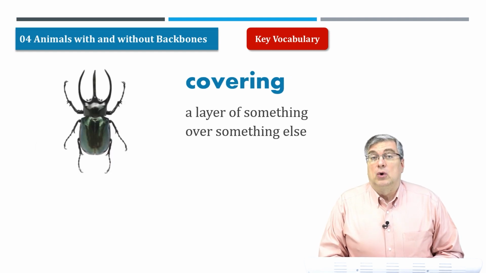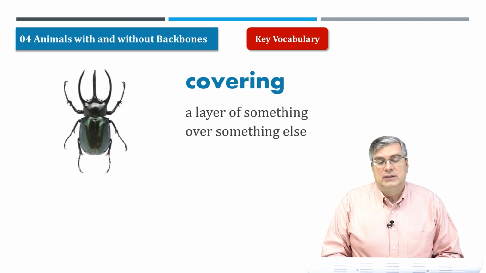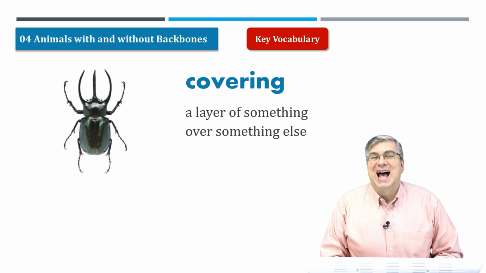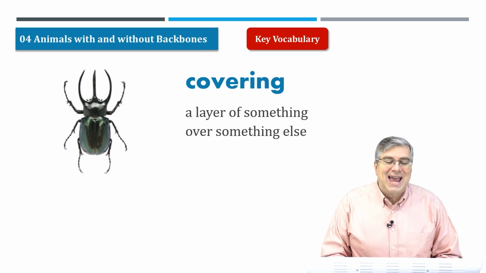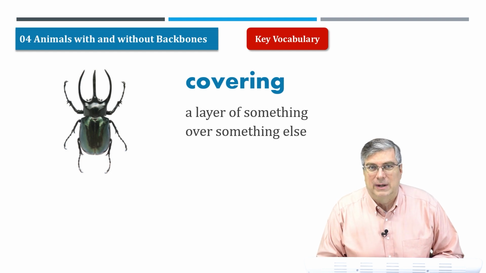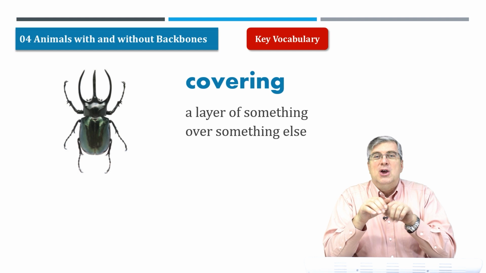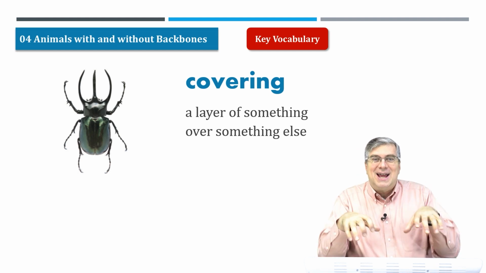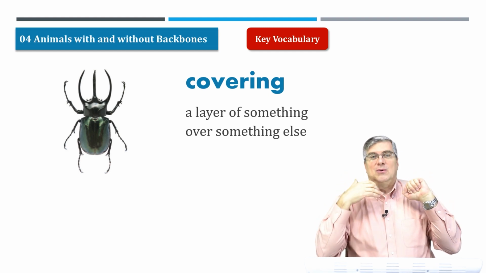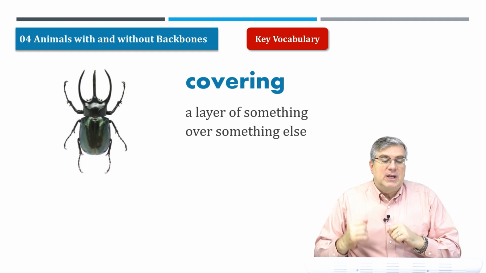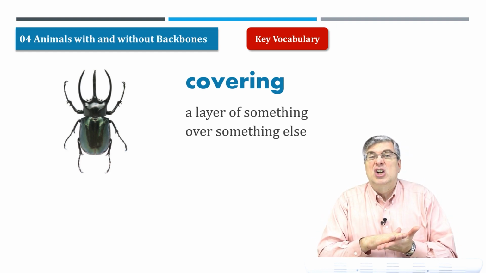Next, we have covering. Now, here's an animal, insect, that does not have a backbone. Instead, it has a covering. To cover means to put on top of something. When you get in bed at night, you pull up the cover, right? It covers you. Some animals have a covering. It's a hard covering, right?